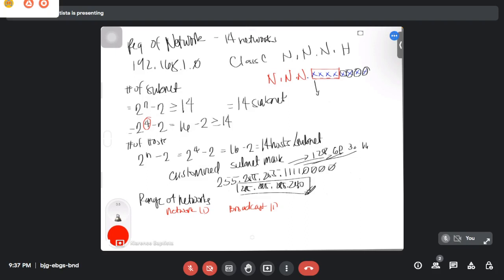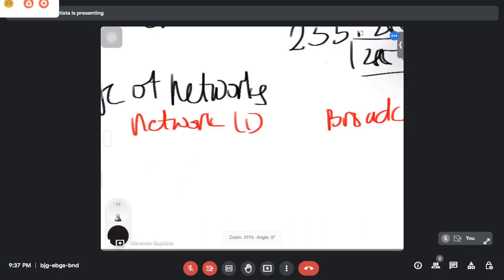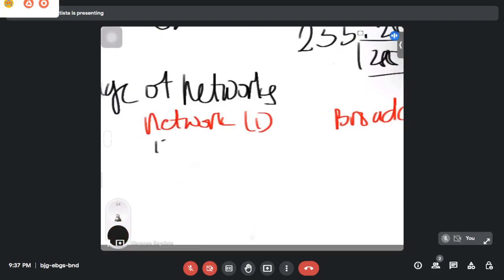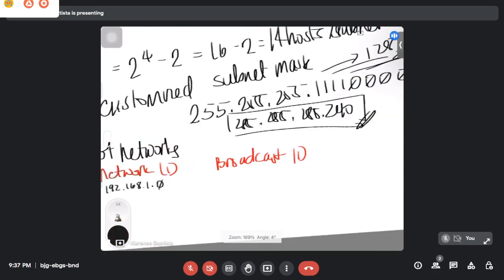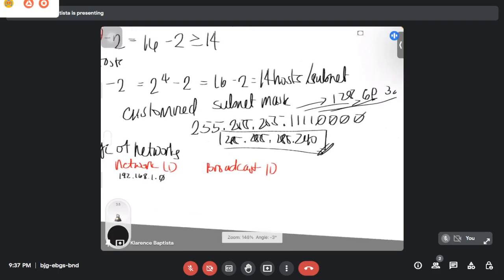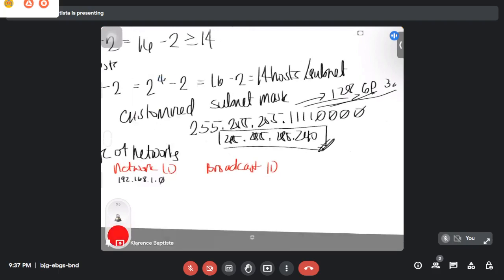So, ngayon, network ID starts at 192.168.1.0. Okay? So, sabi natin, sa customized subnet mask, kukunin po natin yung pinakadulong value ng binary, ng bit na naka-1. Ito.